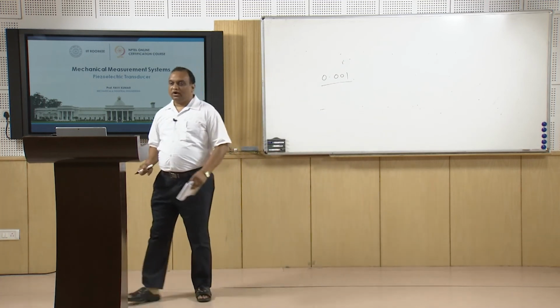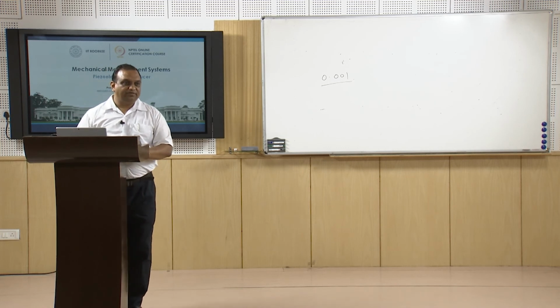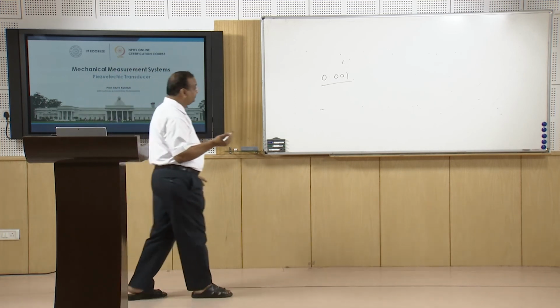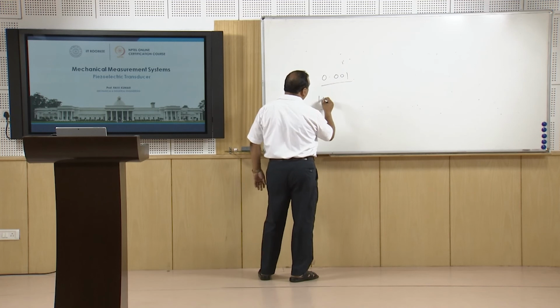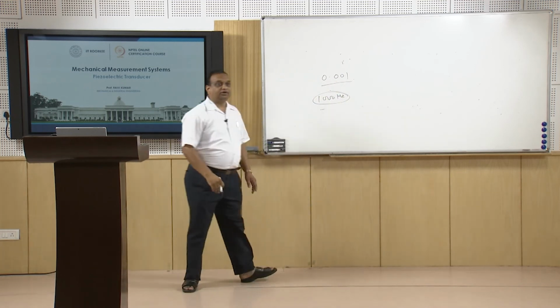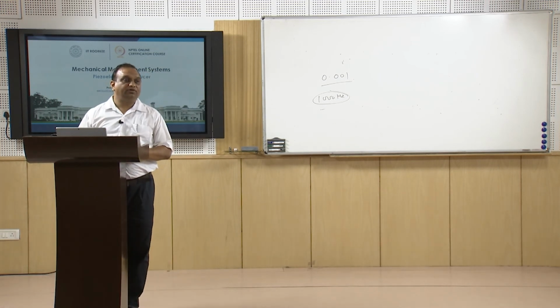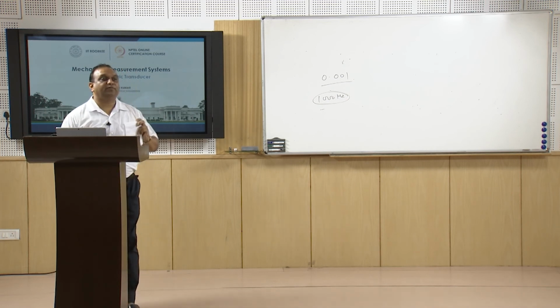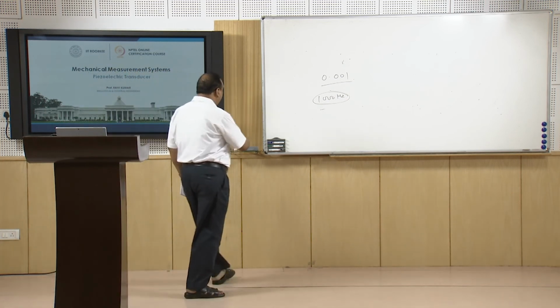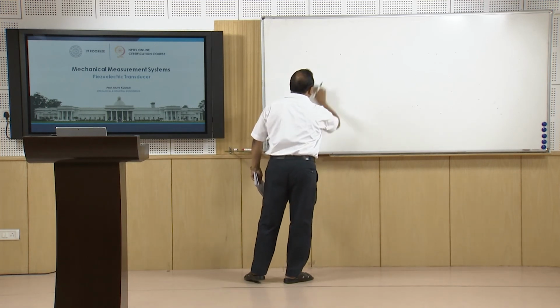So with the help of a quartz crystal, because the change in the frequency is 1000 hertz, we can go up to an accuracy in the measurement of 0.001 degree centigrade. So that is the benefit of the quartz crystal. We can go for a very high accuracy of temperature measurement.